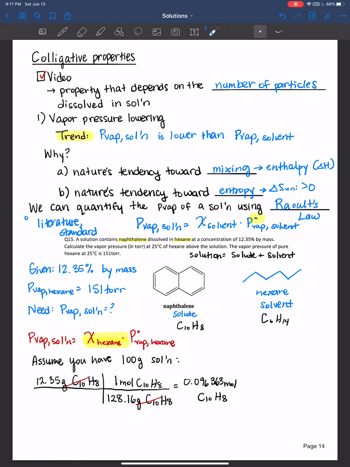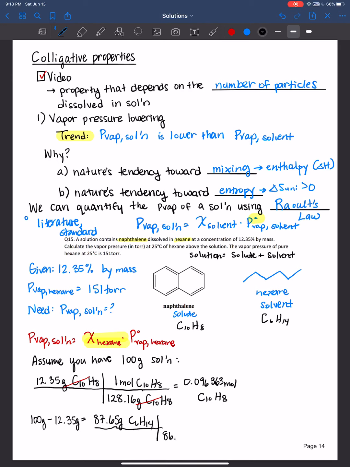So if we take 100 minus 12.35, we can figure out the grams of hexane in our solution, which is 87.65 grams of hexane. We want to convert that into moles.